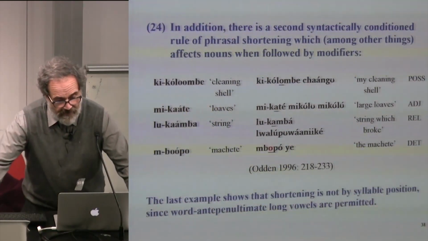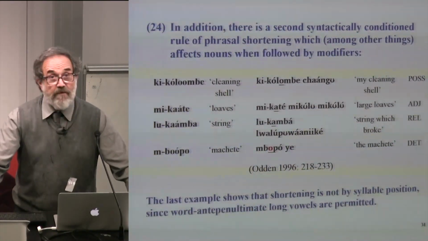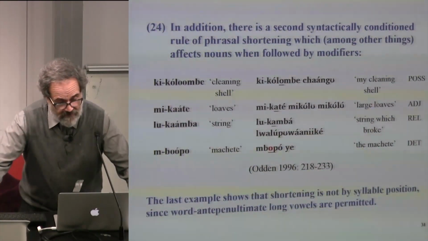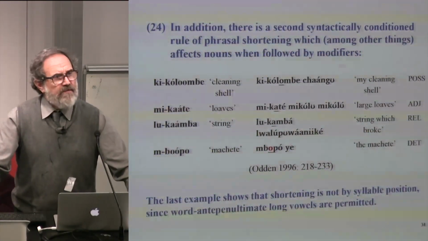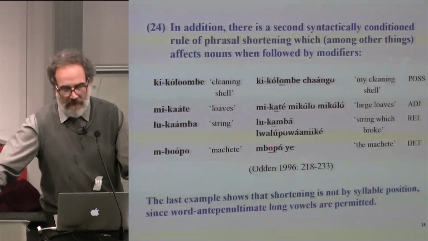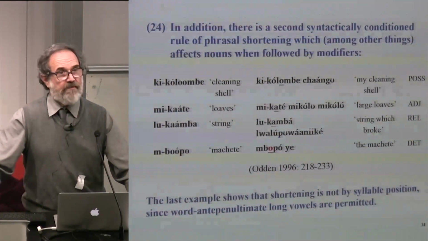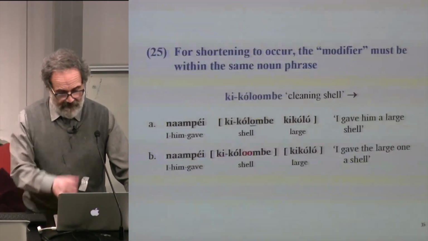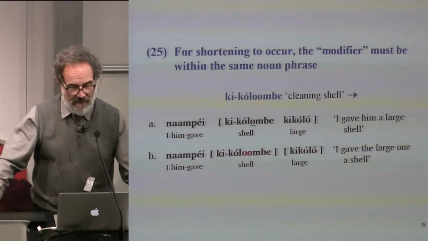In the third example, string, lukamba, becomes short lukamba when you add a relative clause. And the crucial example in the set, the last one, machete, which is mbopo, becomes mbopoye. It shortens even though it's in anti-penultimate position. So this is showing you that it isn't by syllable count or how far you are away from the end of the phrase. Rather, it's the fact that the noun is modified, that it's not final in its noun phrase.